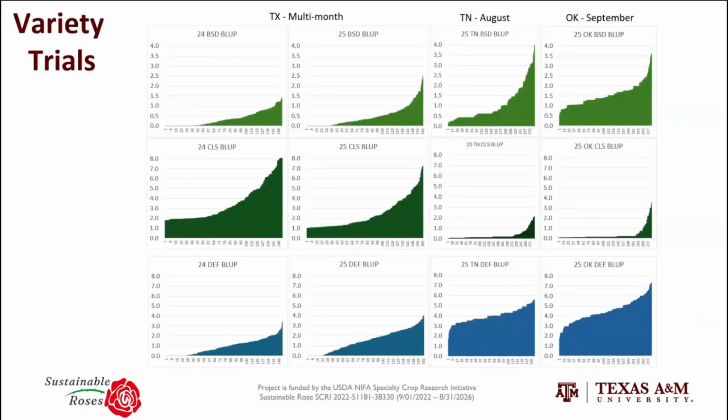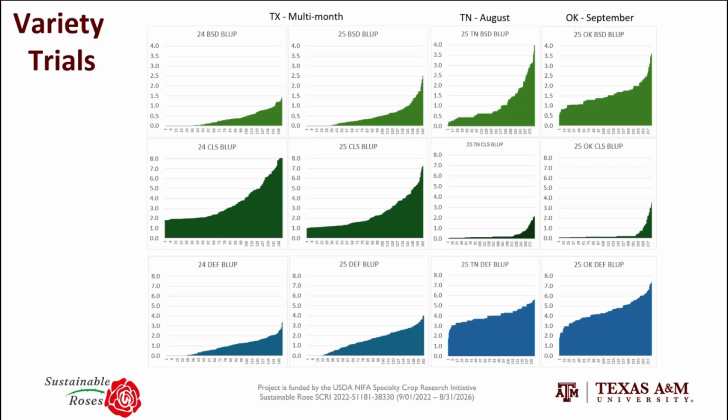This is just a quick summary of what the data for those traits is, and I have black spot on top, then cercospora leaf spot, and then defoliation. This would be the 2 years of data that we have for Texas, August in Tennessee, and September in Oklahoma.